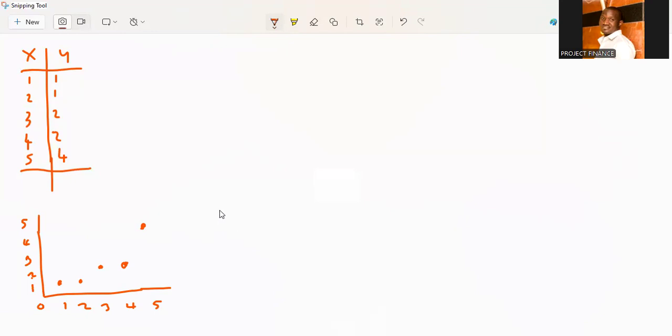So you're told that the relationship is given by y is equal to B0 plus B1 x, where B1 is equal to what? The sum of squares xy over the sum of squares xx. But what is the sum of squares xx?